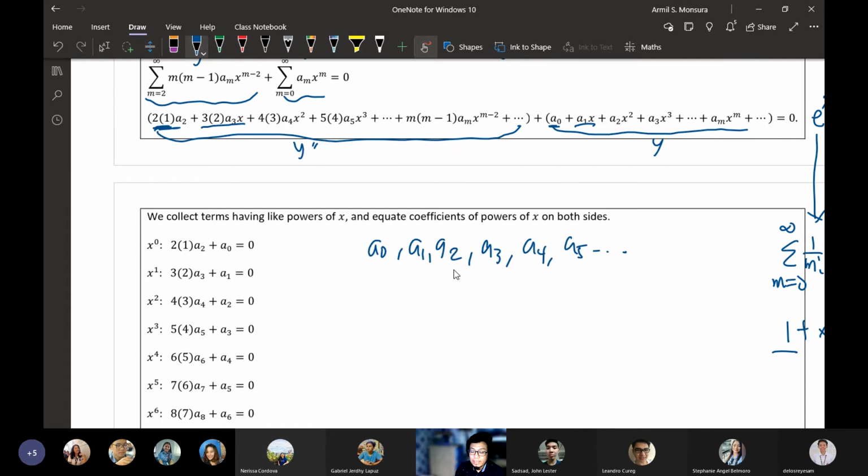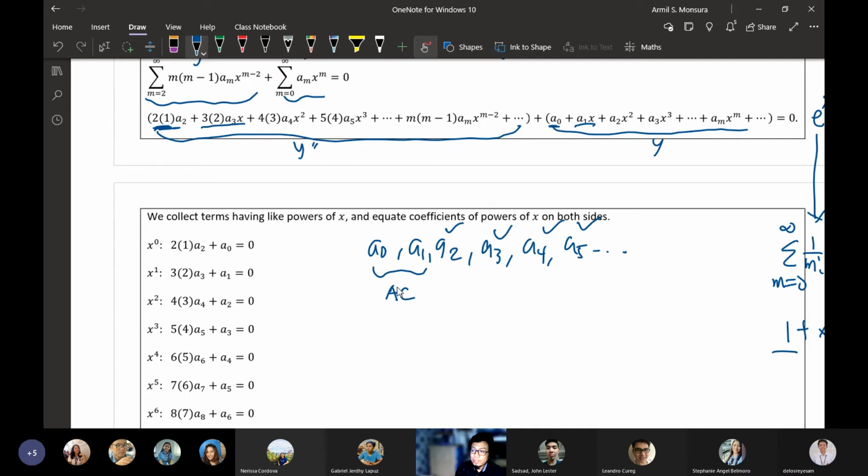Ilang arbitrary constants ang kailangan natin? 2 po. So we need 2 arbitrary constants. Those arbitrary constants are A0 and A1. Which means, ang isa-solve natin is yung A2, A3, A4, A5 in terms of A0 tsaka A1.